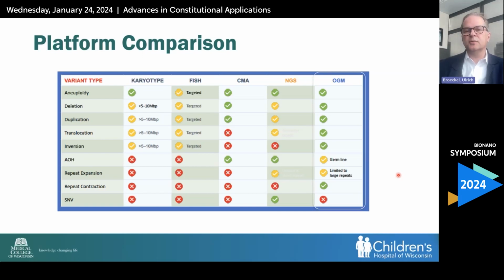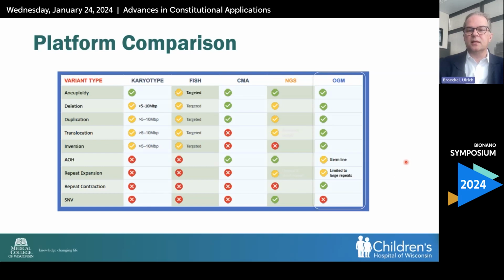And if you look at optical genome mapping, this is really one of the reasons why my lab got interested in this technical approach: the expanded ability in one assay to detect, at a very high resolution, the broad spectrum of clinically relevant structural variations and abnormalities.